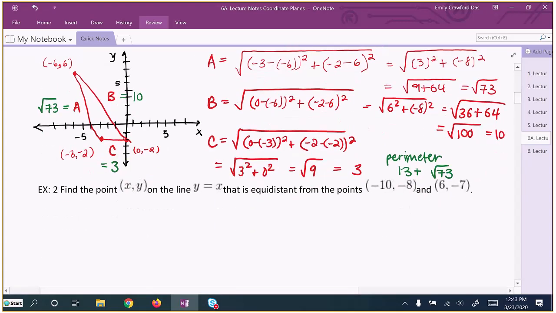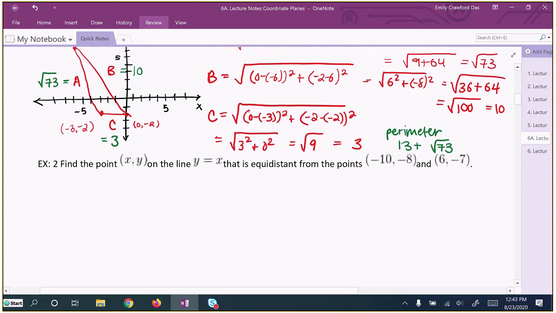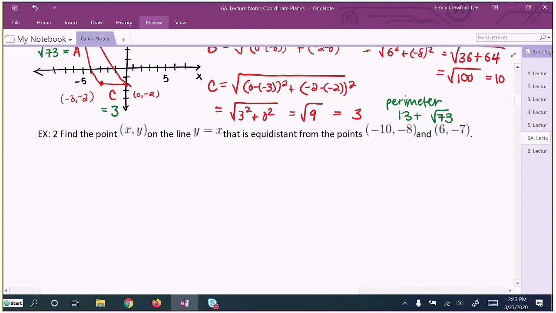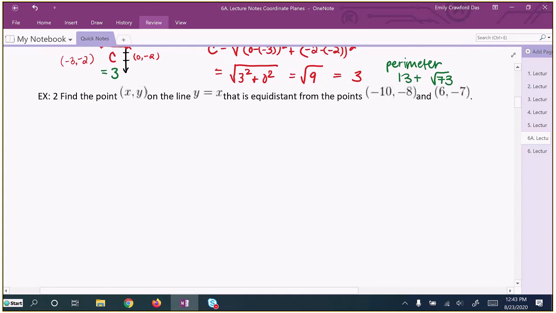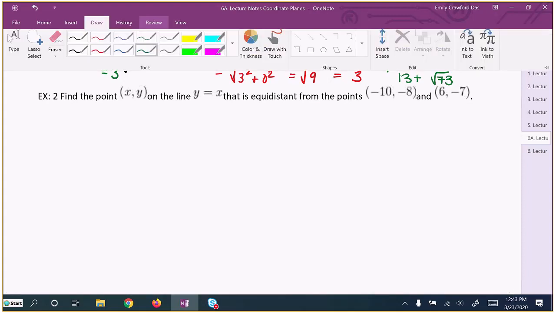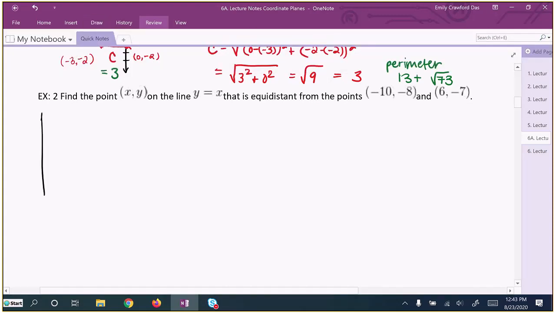Another type of problem that we might be asked to do is to find the point on the line y equals x that is equidistant from the points -10, -8 and 6, -7. So if we try to visualize this, we have these points, -10, -8 and 6, -7.